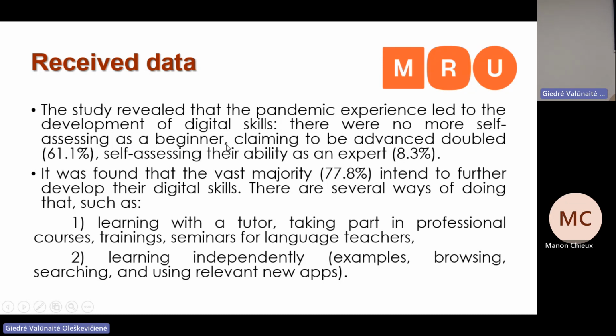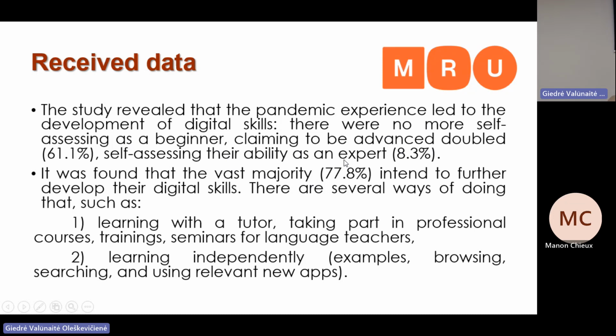So if before the pre-pandemic period some teachers said that they were beginner users and their digital skills were on the beginner level in their self-esteem, in the midst of the pandemic and in the post-pandemic period, they mostly self-assess themselves as advanced, and this number grew twice, so it's 61.1% who consider that they're advanced users of digital technology.